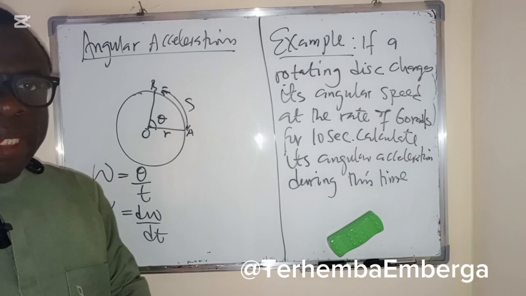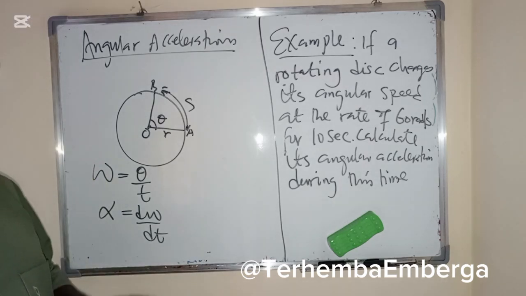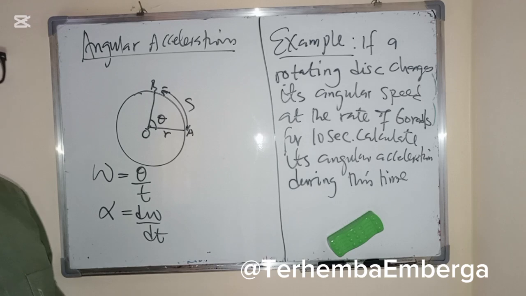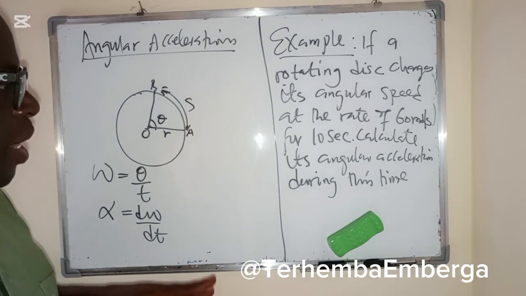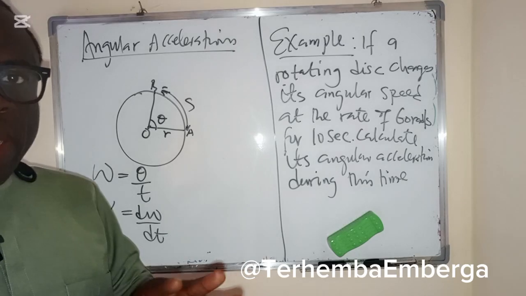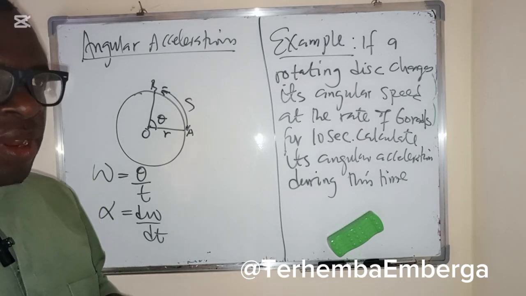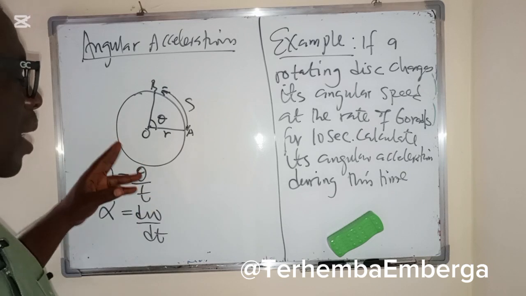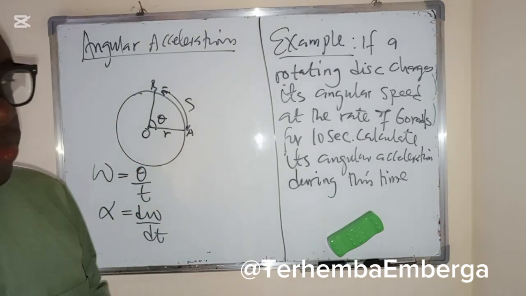Just like we said in the case of linear motion, if there is no change in velocity, or if the rate of change of velocity with respect to time is constant, then acceleration becomes zero.